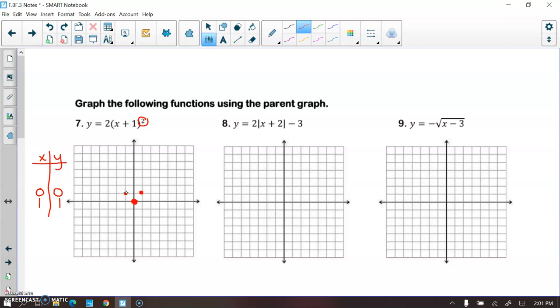What symmetry means is if I folded the point 1, 1 over the y-axis, it would land on top of my next point, which is -1, 1. And then I also have the point on my parent function 2, 4. And since this graph has symmetry, another point on that parent function would be -2, 4.